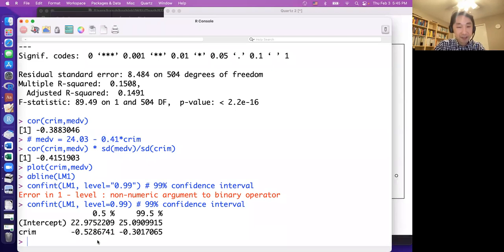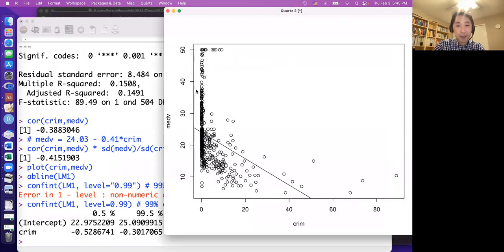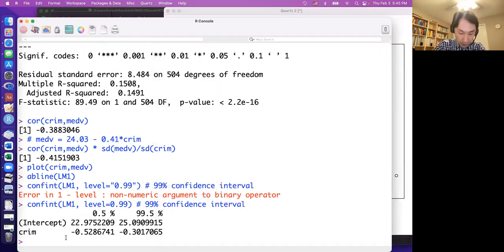Okay. So next, we want to have the region where the true regression line goes through. That is the confidence band. We name it CI. We can use the predict function with LM1 and interval confidence. So this is the 99% confidence band.